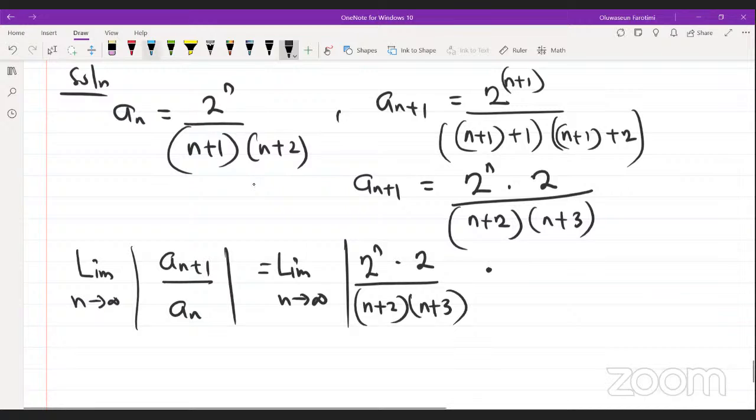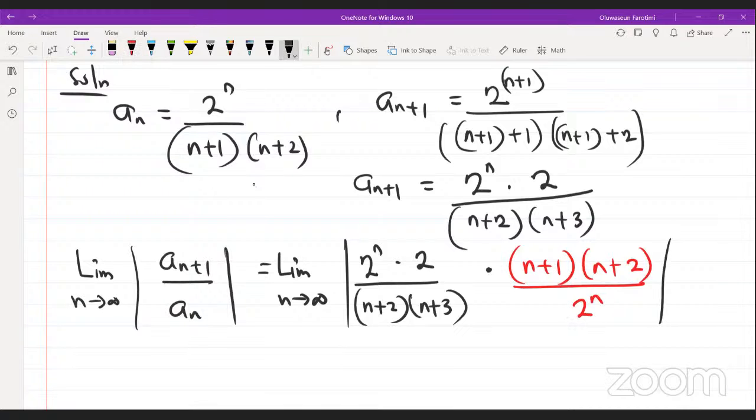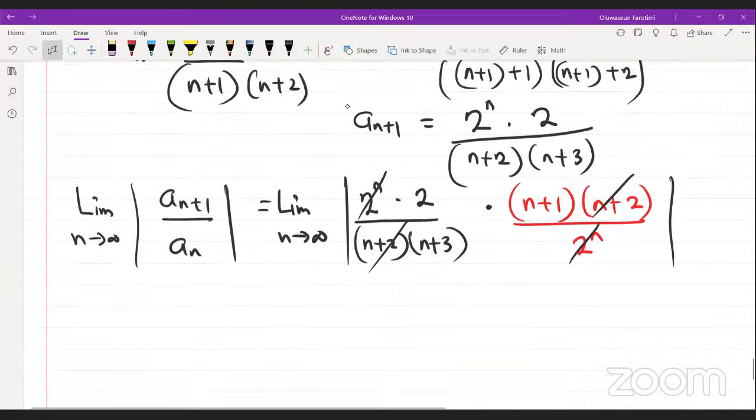Multiply by, now when you plug in your a_n, let me write that again in red, change, flip, n plus 1, n plus 2, all divided by 2 to the power of n. So what can we see? This guy cancels this guy. This guy takes off this guy. I'm actually going to be left with the limit as n goes large. Okay, so let me not skip steps.